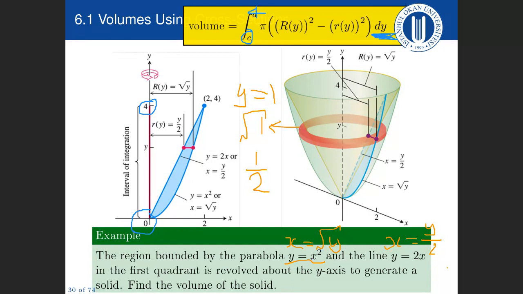Square root of 1 is the bigger one, a half is the smaller one. So capital R must be square root of y and small r must be y over 2. And that is the hardest part of the question done.